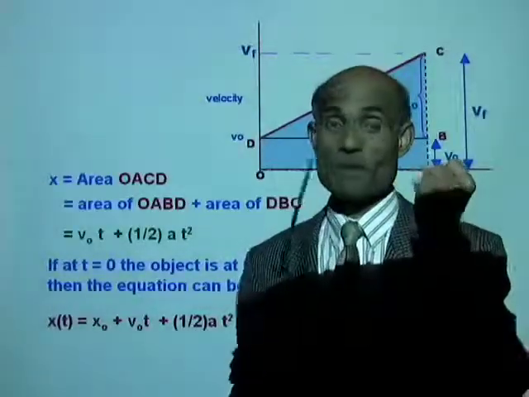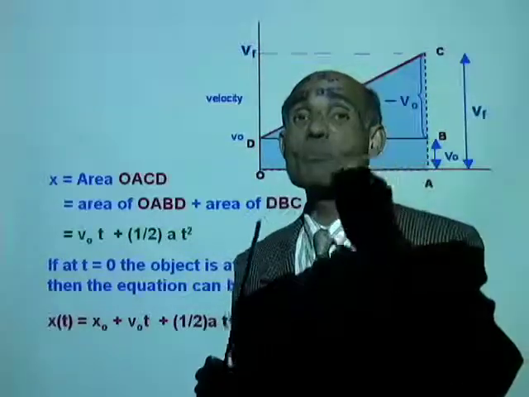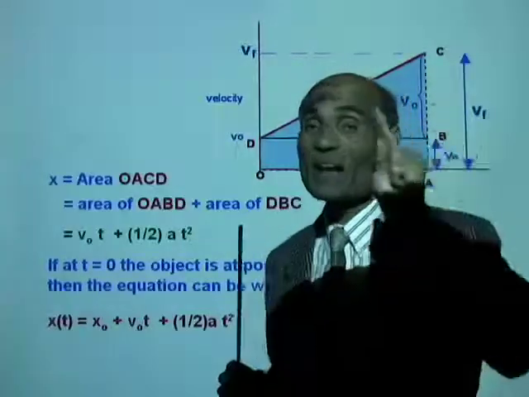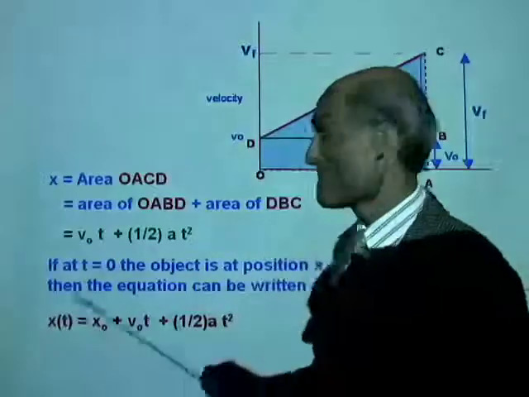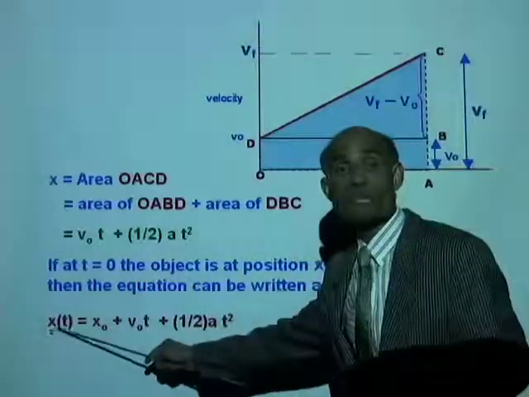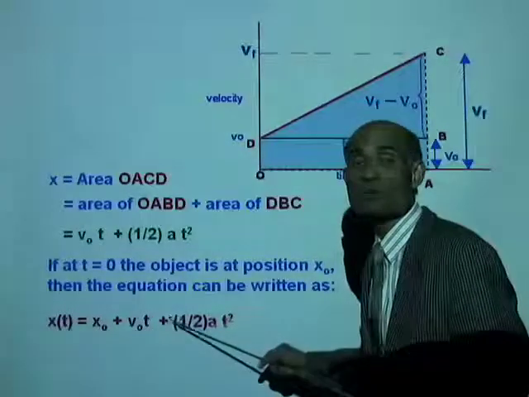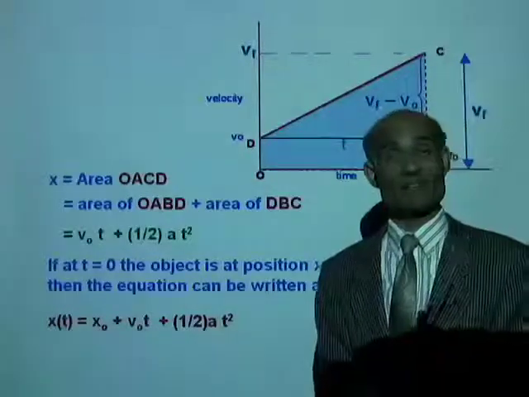What are they? Vf equal to V0 plus AT, the first equation. You notice that that equation does not contain displacement. The second equation, x of t equal to x0 plus V0t plus 1/2 AT squared.